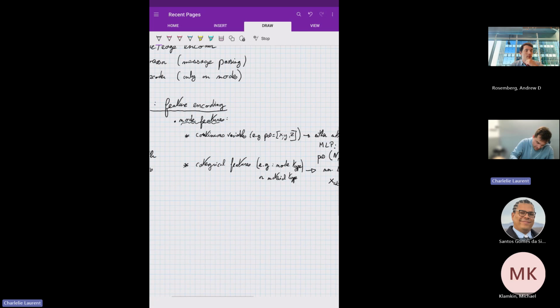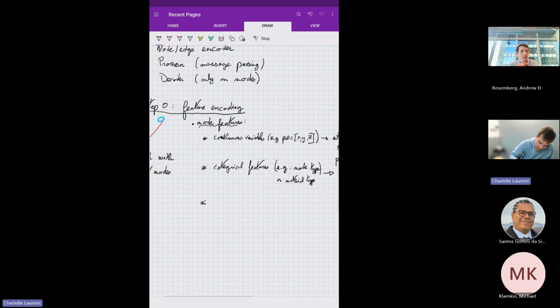Then there's another type of feature. Those could be either continuous or discrete, but they are ordinal features. Ordinal means there is a clear order.